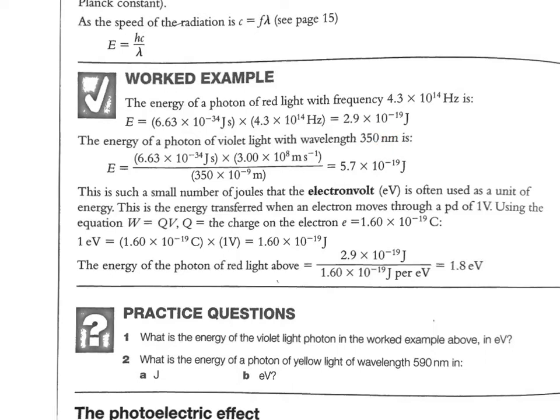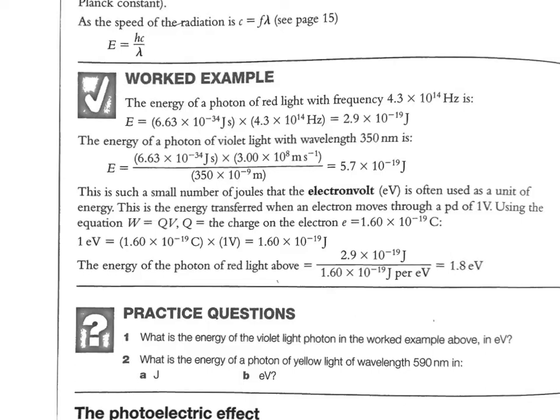The reason we have these is so you can just put in the by 10 to the minus 9. You don't have to bother trying to change or convert that number. There's a button on your calculator that does this, definitely worth practicing using that. That gives us 5.7 by 10 to the minus 19 joules.